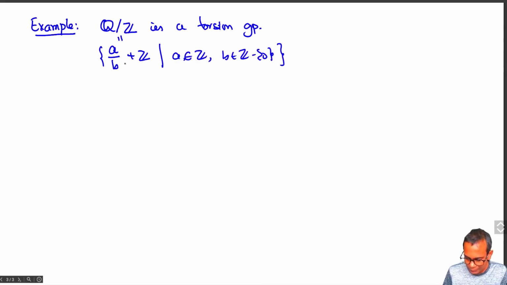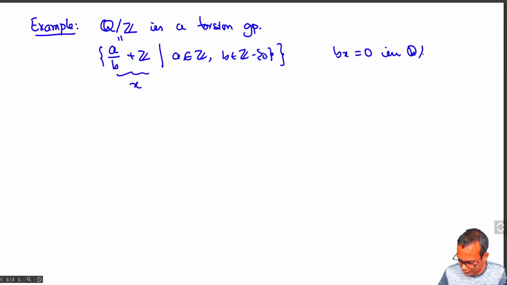And if you take this element and multiply it by b, so if I call this x, then bx is equal to 0 in Q mod Z, because bx is going to be an integer and get subsumed in this Z. Now we'll define its p-primary part.